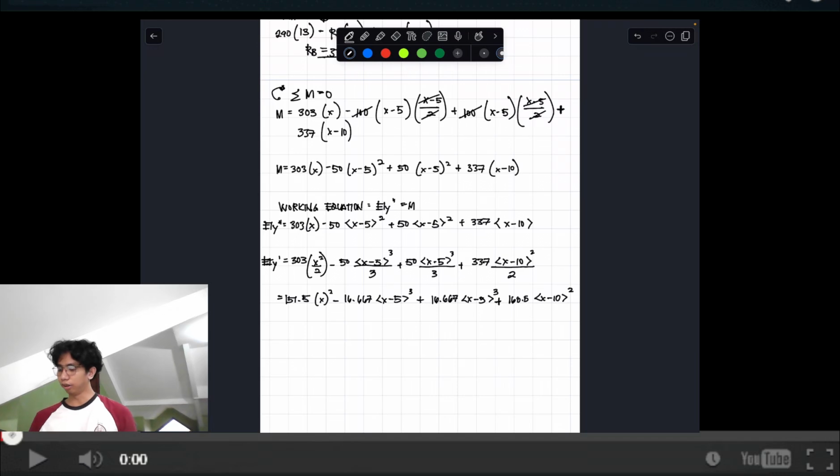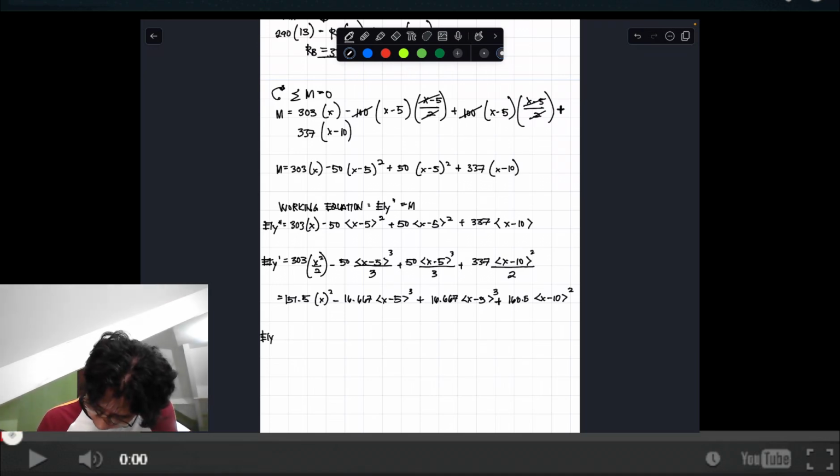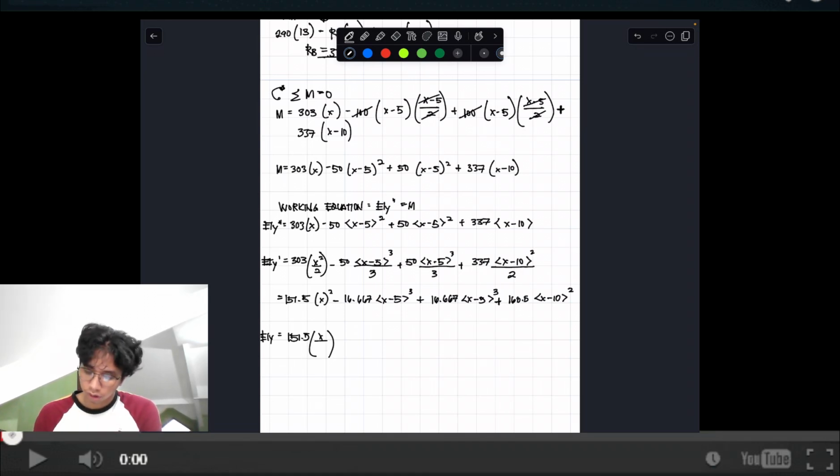Okay, next, our second integral naman. So our second integral is EIY: 151.5, which is x multiply ulit by 2, n plus 1 ulit, so magiging 3 at i-divide natin by 3, copy lang ulit 16.667 multiply by (x minus 5) raised to the power of 3, pero plus 1, n plus 1 will be 4, and i-divide natin by 4 ulit.